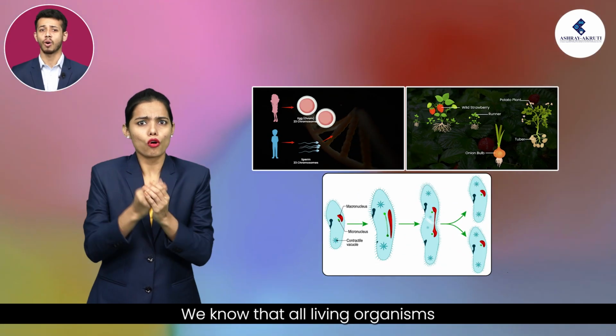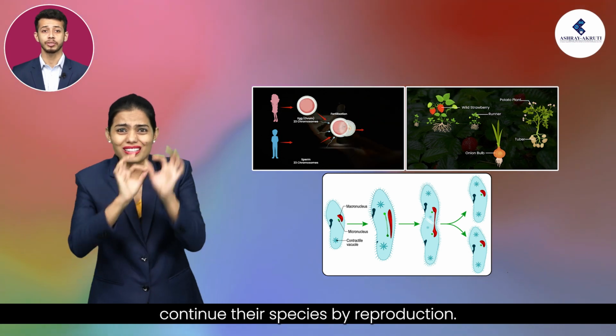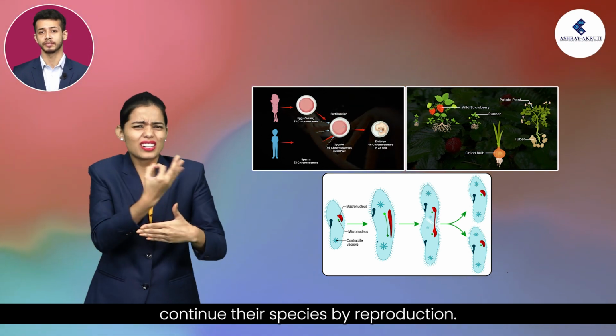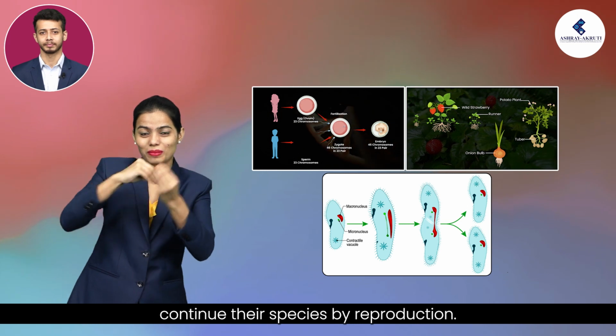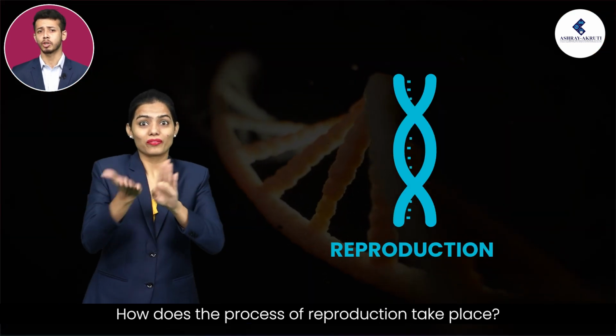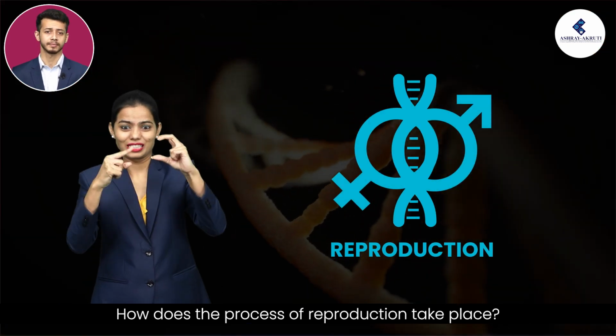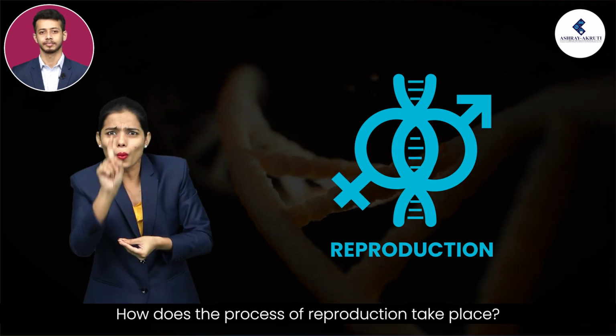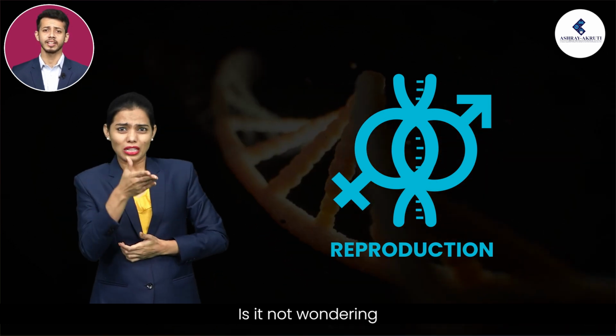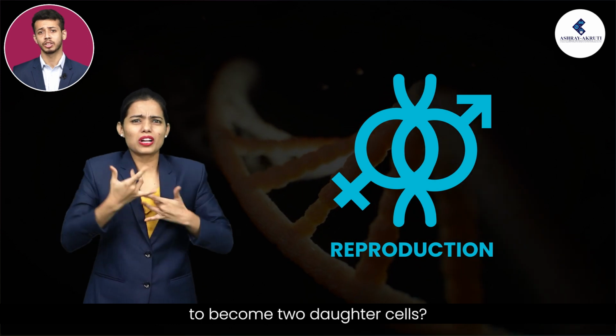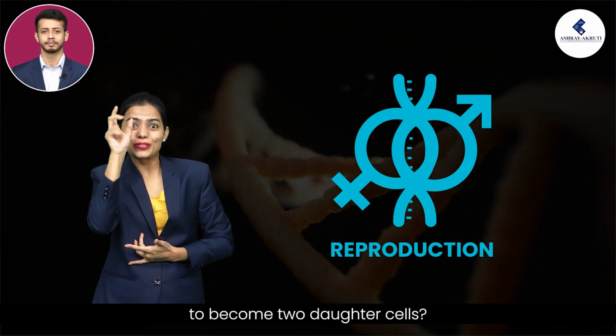We know that all living organisms continue their species by reproduction. How does the process of reproduction take place? Is it not wondering that a parent cell divides to become two daughter cells?